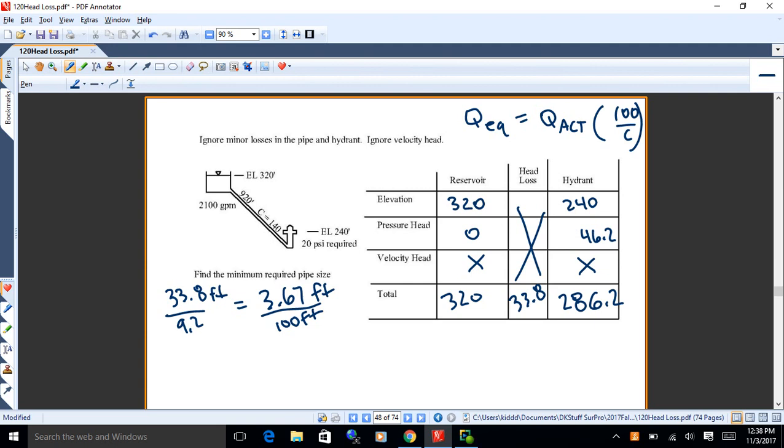And when you go to the head loss charts, you use the equivalent flow. So what I would get then is I would take the actual of 2100 times 100 over 140, and that would get me 1400.